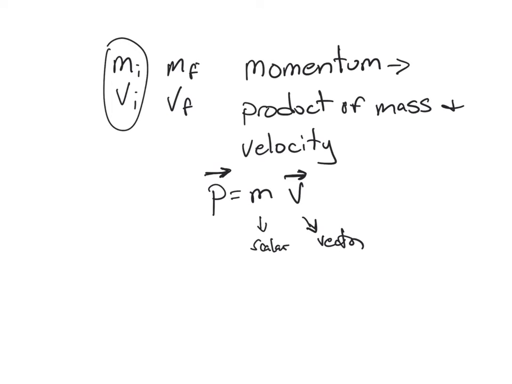So if we go back to any of those previous systems that we looked at, what we might notice is that the product of mass and velocity for the system stayed the same. So when we had one cart of some mass colliding with another cart of the same mass and they stuck together, they moved off with half the velocity.